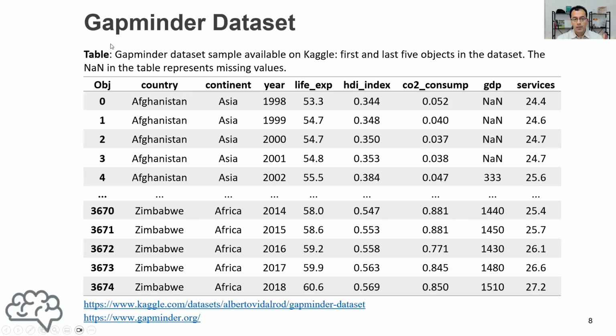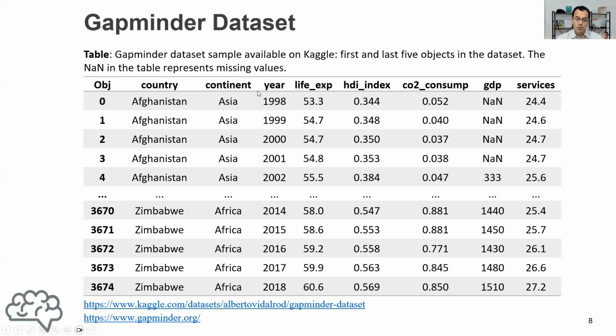We also have the Gapminder dataset. The Gapminder dataset brings us geopolitical information about some countries in the world. Here we have 3,675 objects, and the information includes the life expectancy, the human development index, the consumption of carbon dioxide per person, the GDP, and the level of services in these countries.